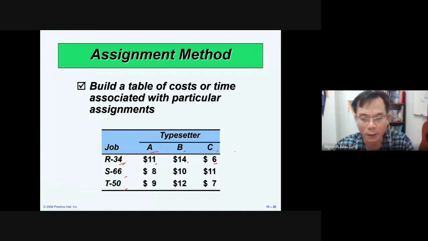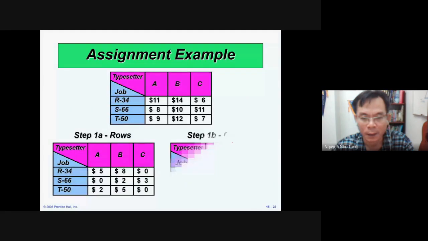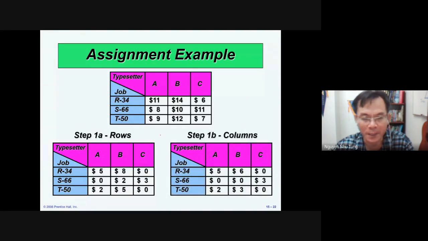Now begin with the step by step procedure for solving the assignment problem, using this data table again. You follow the step by step procedure for assignment, with the objective of cost reduction. Step 1A, row subtraction.